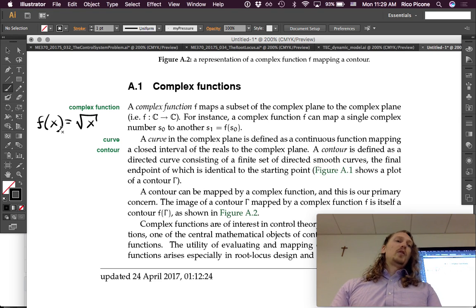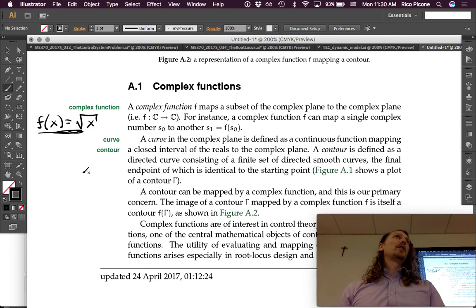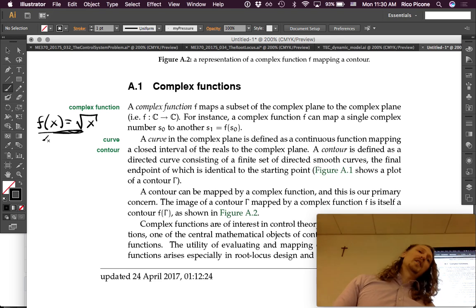If you plug a negative real number into this, it's going to come out complex, right? It's going to come out imaginary. So we've encountered this idea before. And if you put a complex number in there, that would be valid too. So a complex function takes a complex number in, gives you a complex number out.